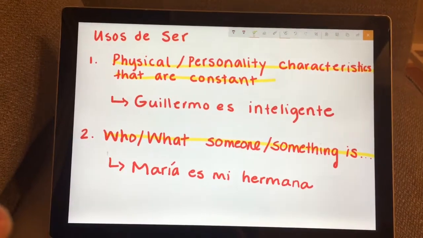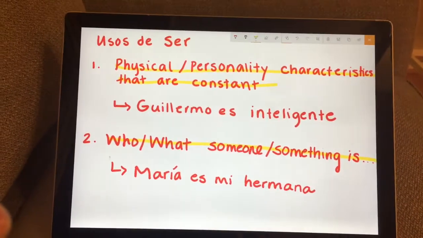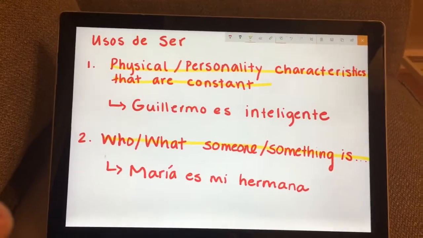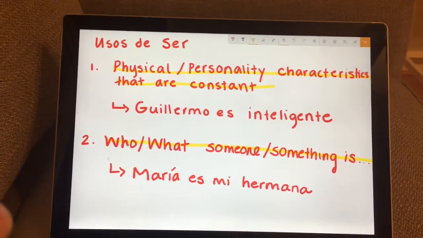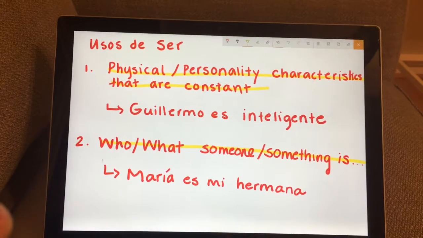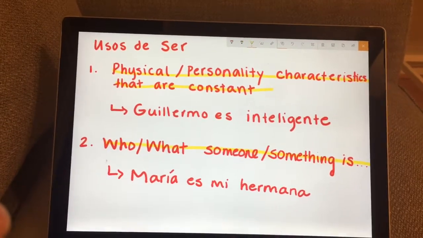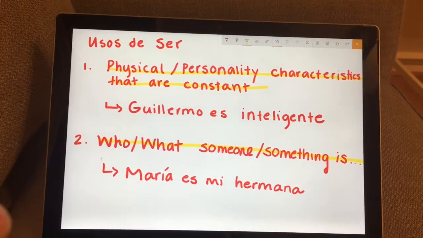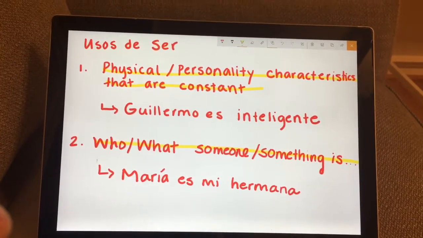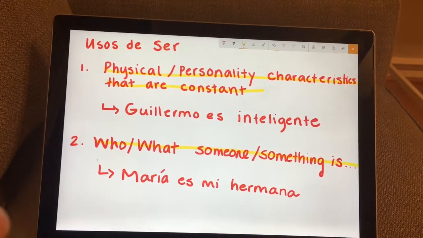So let's first look at the usos de ser. Número uno, the first use is to describe physical or personality characteristics that remain relatively constant. So an example here would be Guillermo es inteligente, or Guillermo is intelligent. That's a personality characteristic.